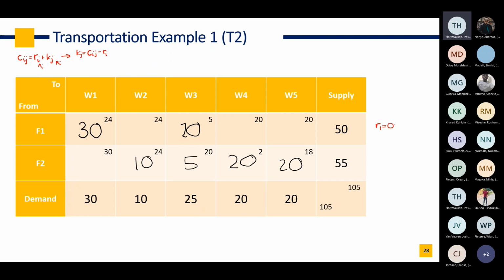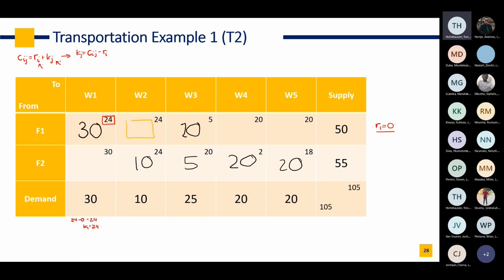So let's go ahead and do all our working out. What's nice is you can read it straight from here. We have 24 minus 0, which gives us 24, so K1 is equal to 24. Then we go on to the next one. Can we do this one over here?